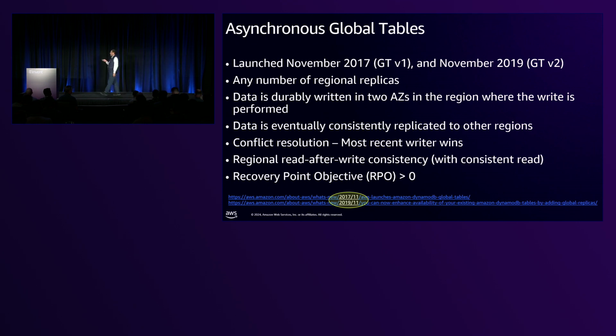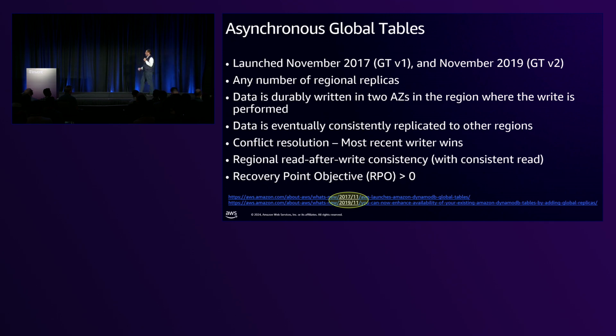And second, since replication is eventually consistent, it is possible that you do a write in region 1, and before that write makes its way over to the other regions, region 1 gets isolated. Now your data is in one region and one region only. It's possible. Network isolation happens. In that circumstance, if your application has to switch over to another region, your recovery point objective is greater than 0.